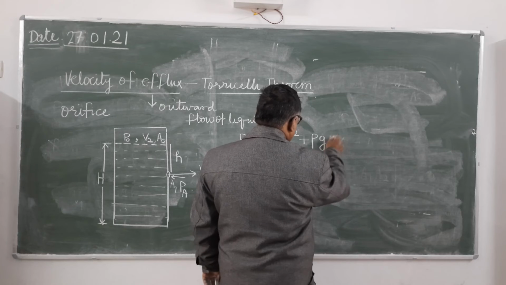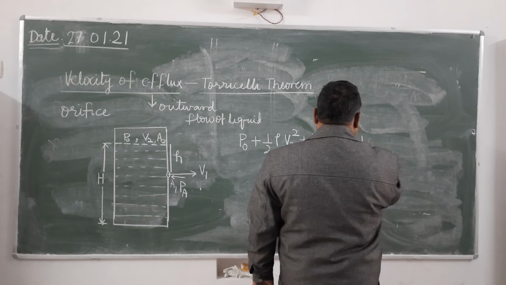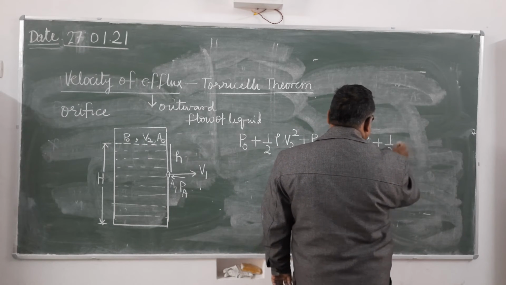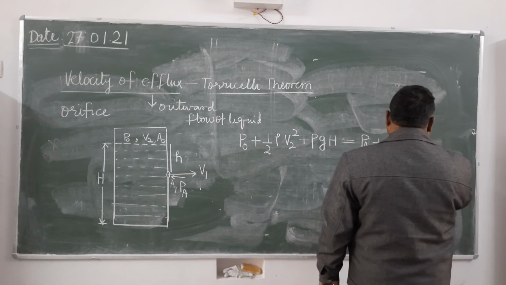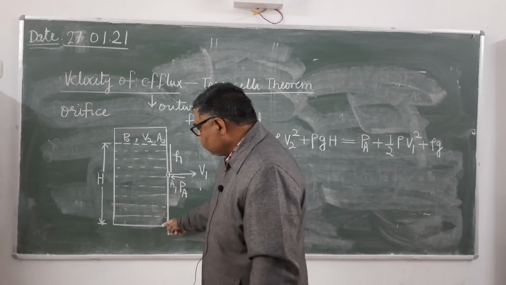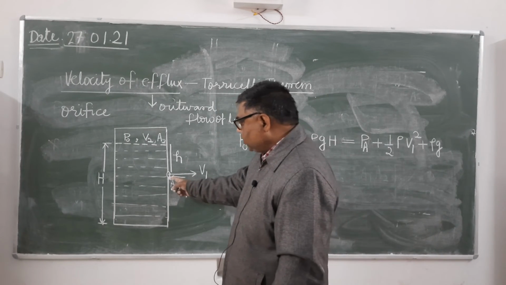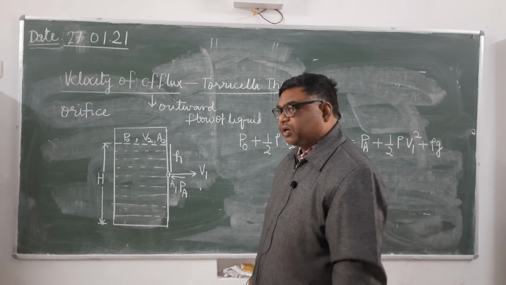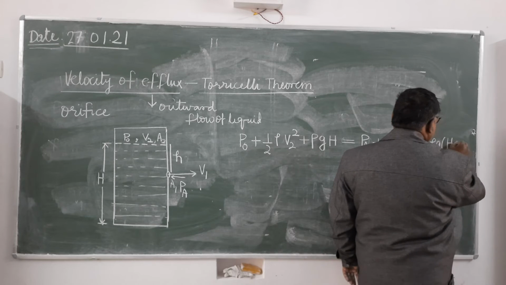Now here it will be equal to pressure PA plus 1 upon 2 rho V1 square plus rho G times the height from the base. This is situated at small h depth, so the height will be capital H minus small h. It's clear?